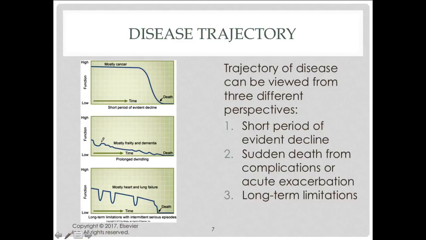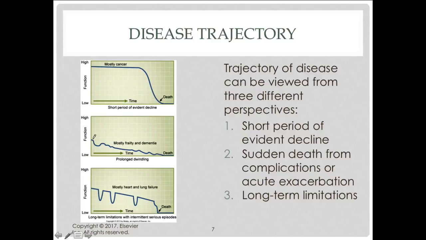Okay. And so you can see here, this is like an organ failure level, where because of their organ failure, and they have mostly frailty or dementia, but I'm going to use that for the next one.